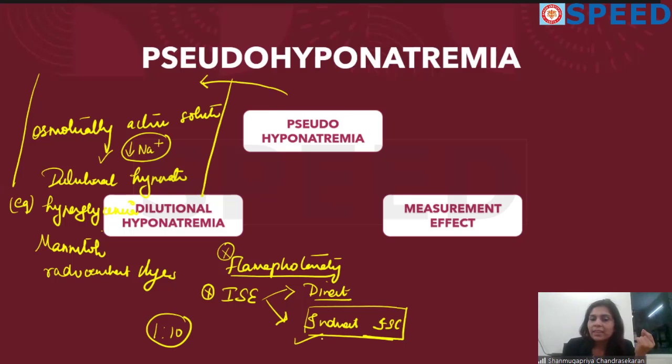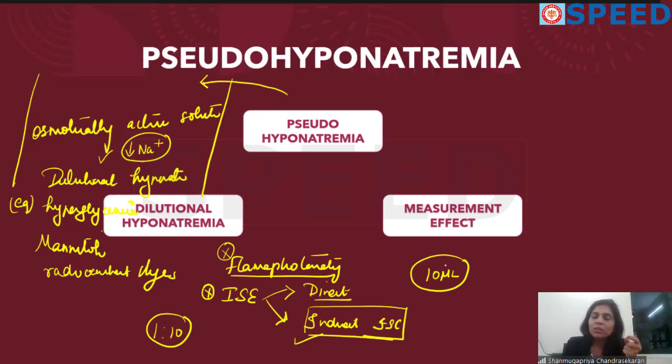In that case, if there is a condition like hyperlipidemia or hyperproteinemia, when you take 10 microliters of serum, maximum volume is occupied by the protein. For example, multiple myeloma, paraproteinemias, wherein out of the 10 microliters of sample, maximum volume is occupied by the paraprotein or by the lipid.